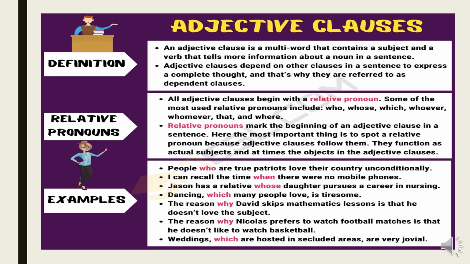So when you need to find the adjective clause, you have to look for the relative pronouns. The relative pronouns mark the beginning of an adjective clause in a sentence. Here, the most important thing is to spot a relative pronoun because adjective clauses follow them. They function as actual subjects and at times the objects in the adjective clauses.